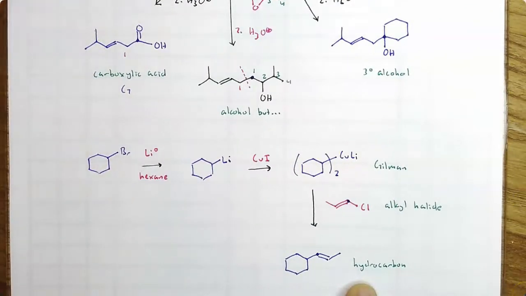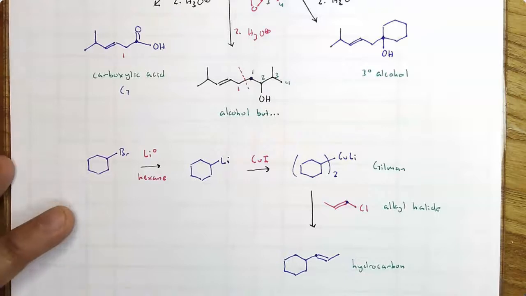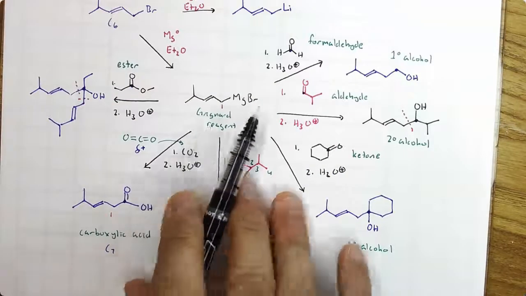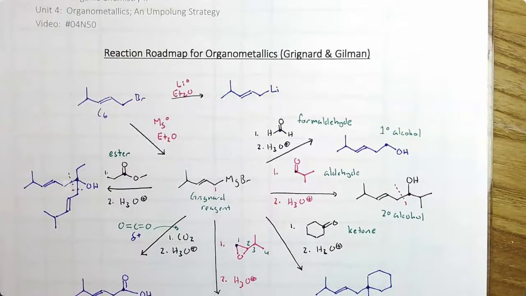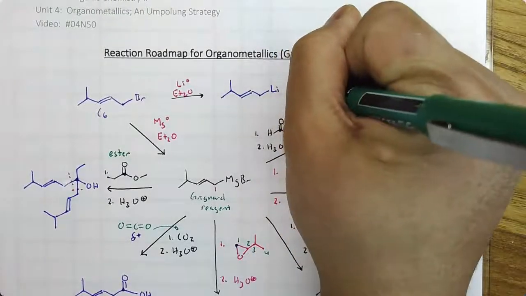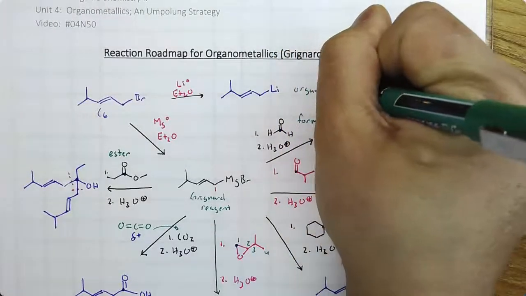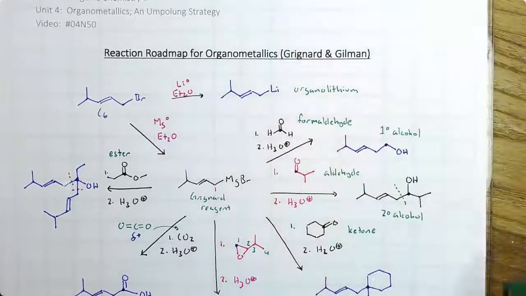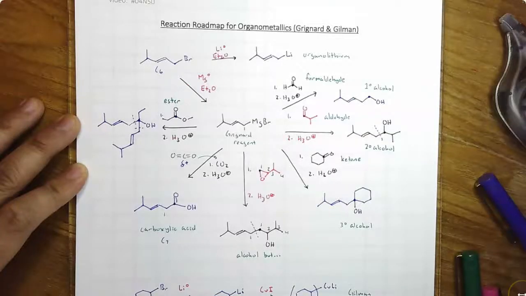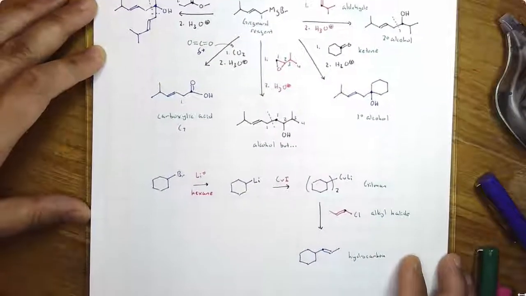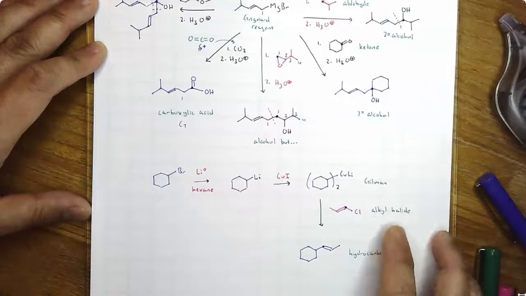And if you wanted to make an alcohol, go ahead and use either the Grignard reagent or the organolithium. One more to label, and then we're done. Okay, let me zoom out. And down here is the roadmap for the Gilman reagent.